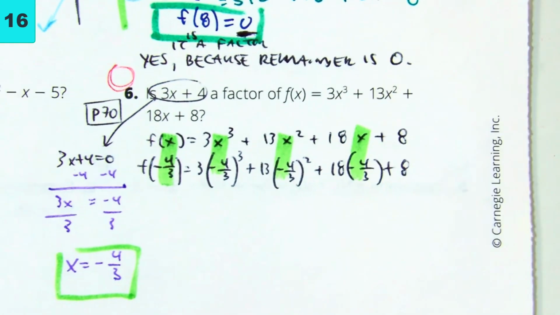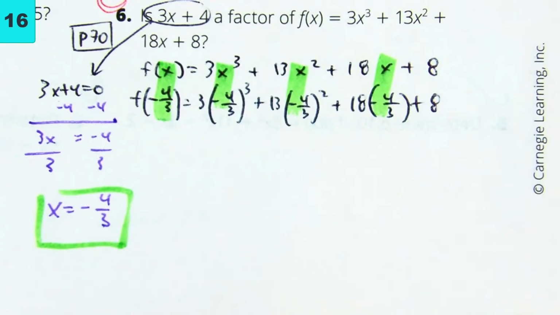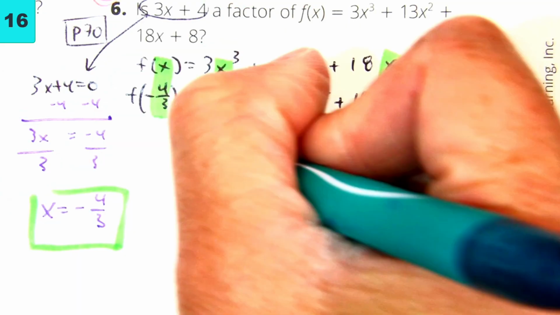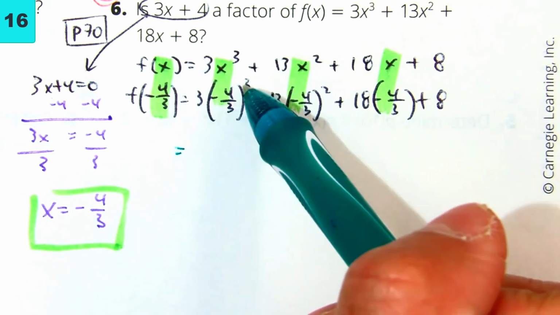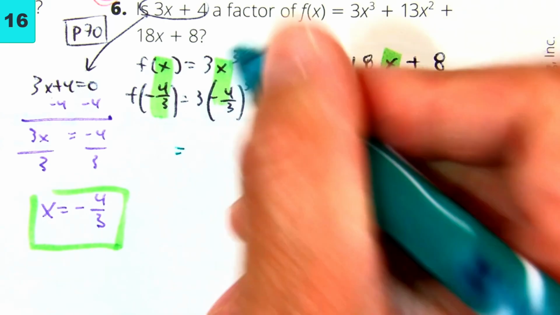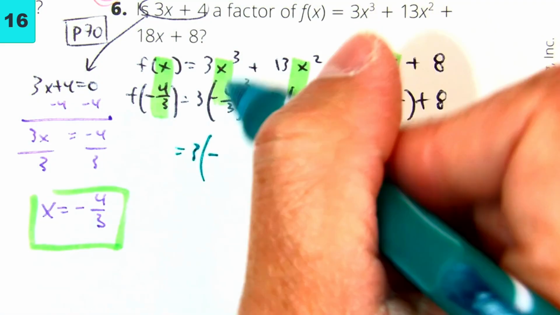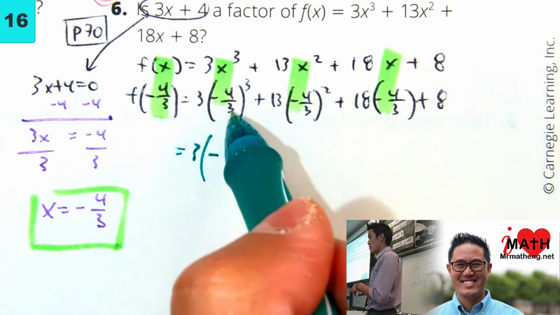Now I did ask if you guys could try to keep them as fractions as long as possible. Now I'm going to use PEMDAS to simplify. So exponents first, 4 to the 3rd power. What does that give me? 64? And then 3 to the 3rd power is 9.